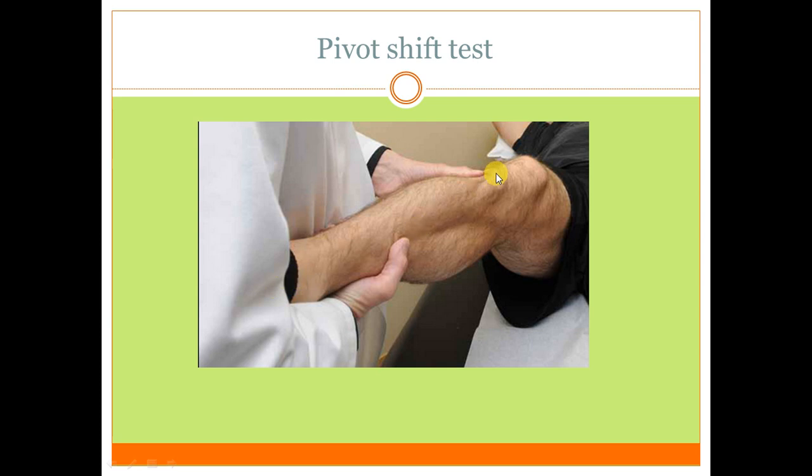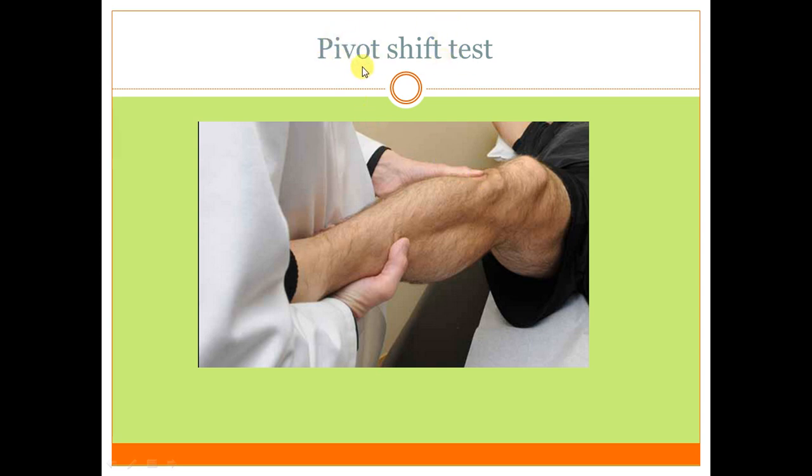Internal rotation makes the lateral tibial plateau translate anteriorly, and you feel this translation with your thumb, starting from extended position. When you do flexion, you will feel a bump of reduction of the lateral tibial plateau. This is because in extended position the iliotibial band acts as an extensor, and when you flex, it acts as a flexor, reducing the lateral tibial plateau.